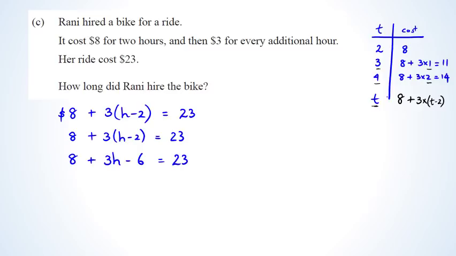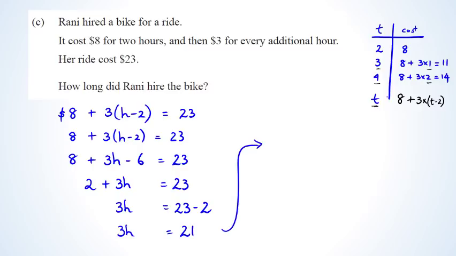So 8 minus 6 is 2, so we have 2 plus 3h equals 23. Then 3h equals 23 minus 2, 3h equals 21, which means h is equal to 21 divided by 3. Therefore, the number of hours she hired the bike for was 7 hours.